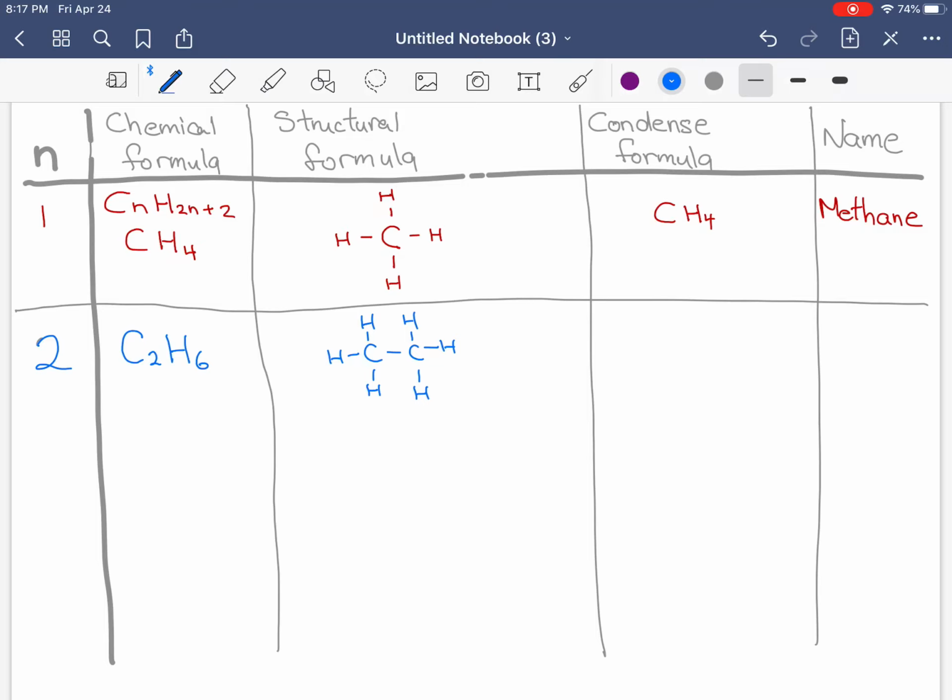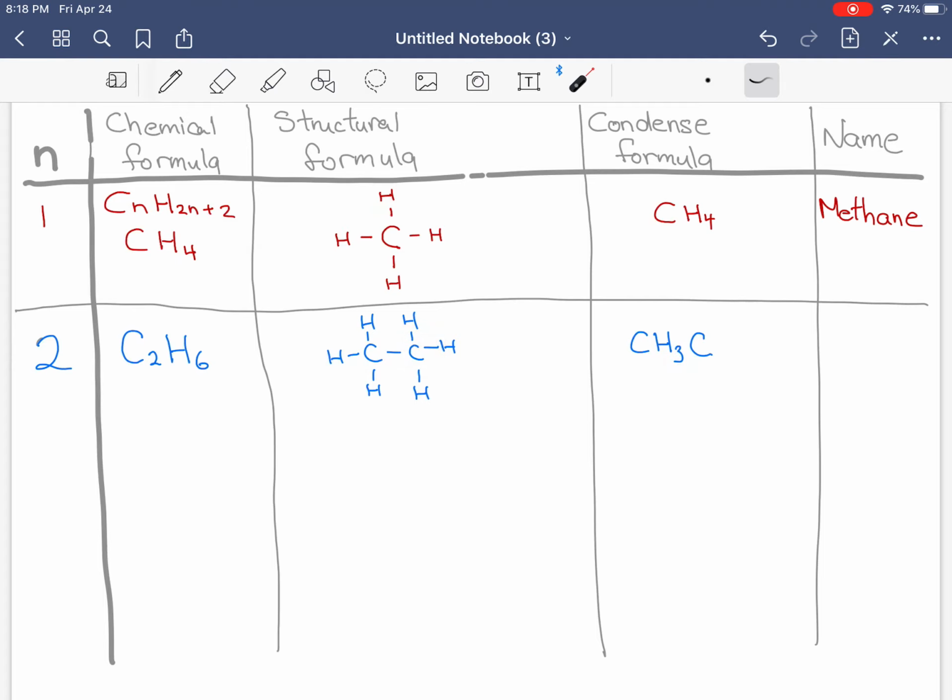Condensed formula. Would it be C2H6? No, of course not. Condensed formula is when it will differ. You write C, and you look at this C and tell me how many hydrogens are bonded to this C. Well, 3 of them. Then you look at this C and put C there.